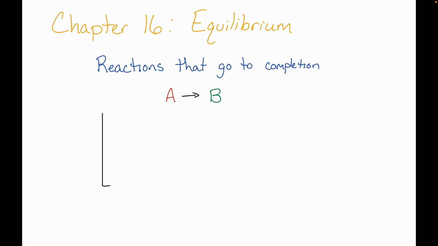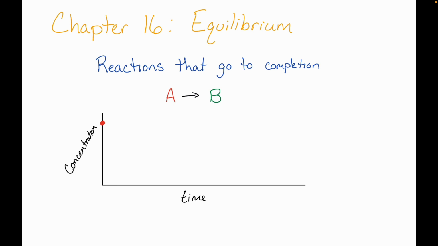So if we made this graph here of reaction progress, or we can even say concentration, over time. All right, at the beginning of this reaction, everything would start off as A, right?